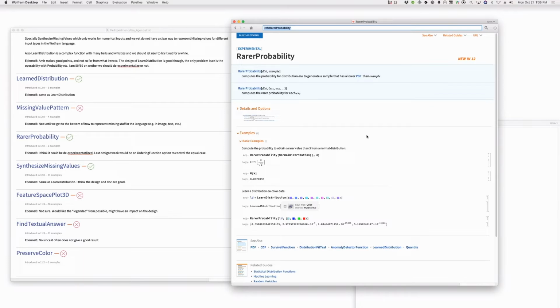So we thought, let's put in an ordering function option. No, that's going to be a mess. But since the true rarer probability will never really be useful, maybe we just go with rarer-or-equal. We still call it rarer probability, but in truth it has. Let me just think about that for a second.